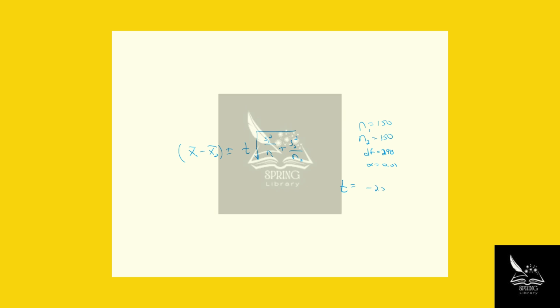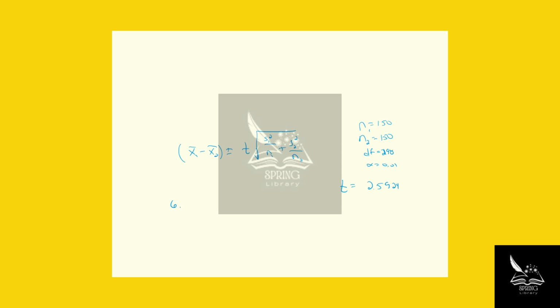And we get positive and negative. We'll use 2.5924. I don't know how much you want to round to.